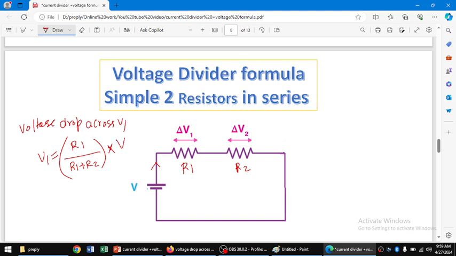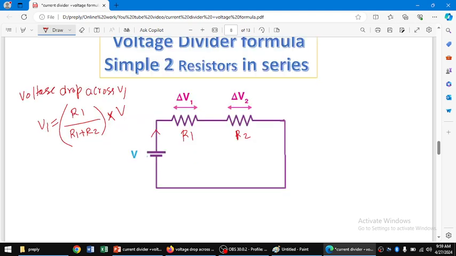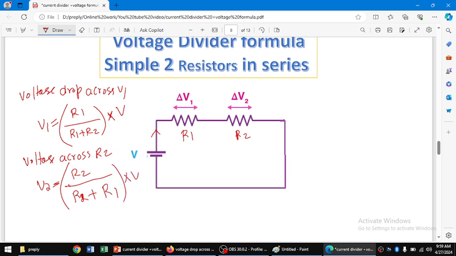For the voltage across R2, V2, we use R2 divided by R2 plus the other resistance in series with it, that is R1, multiplied by the source voltage V.